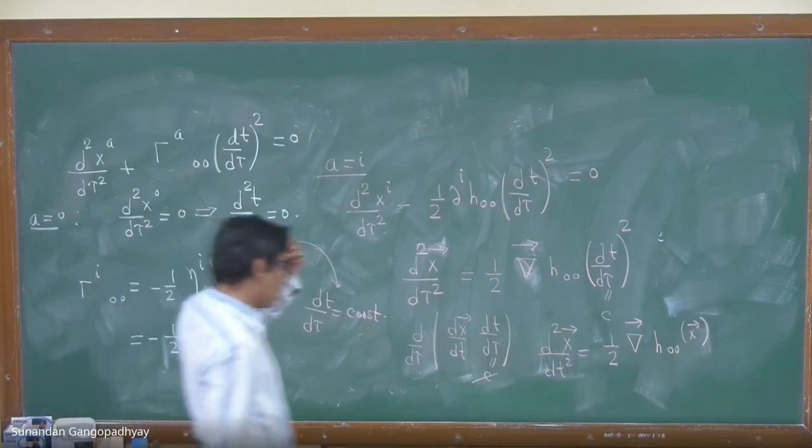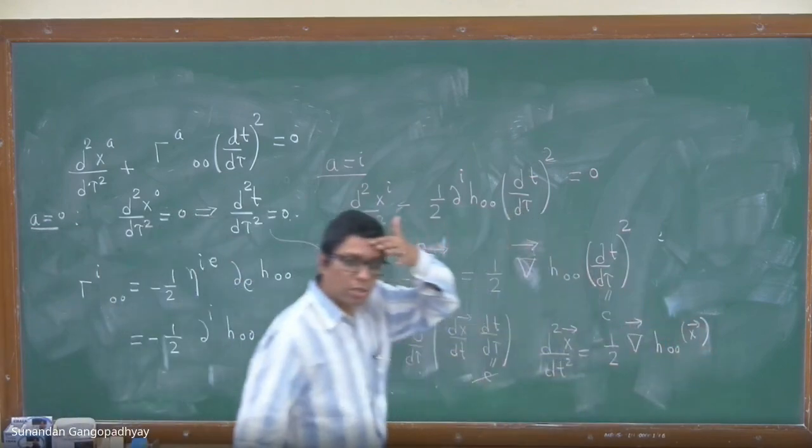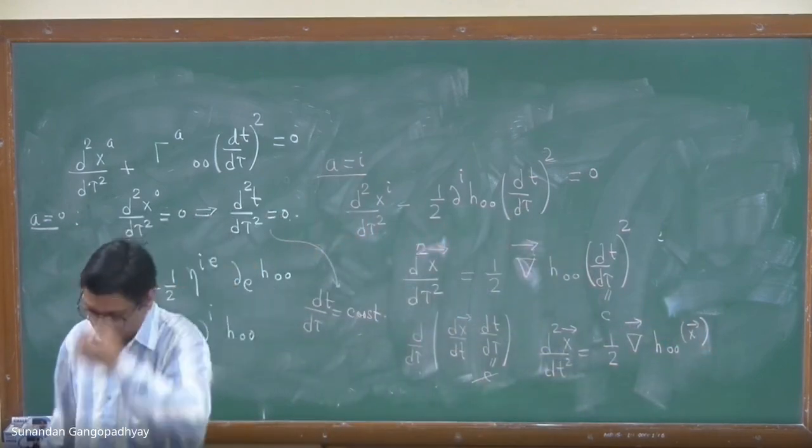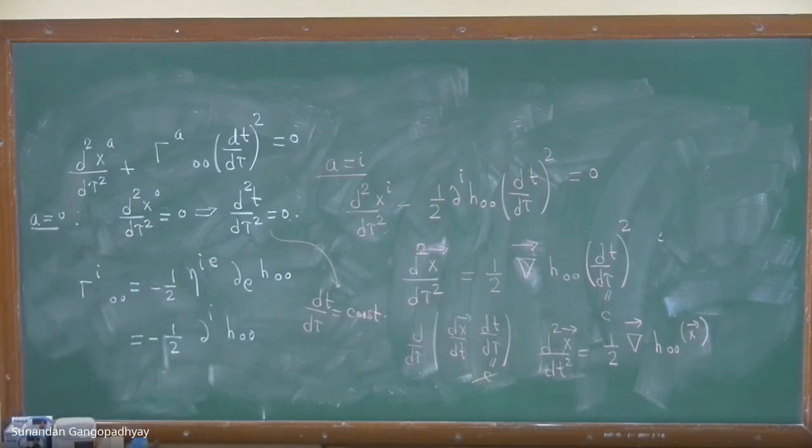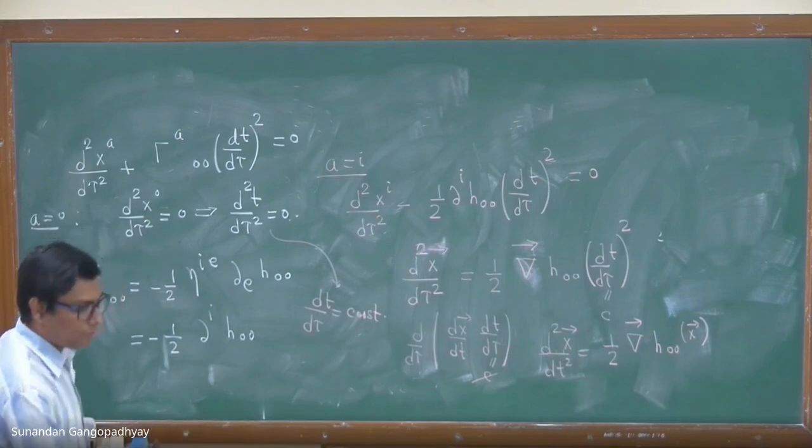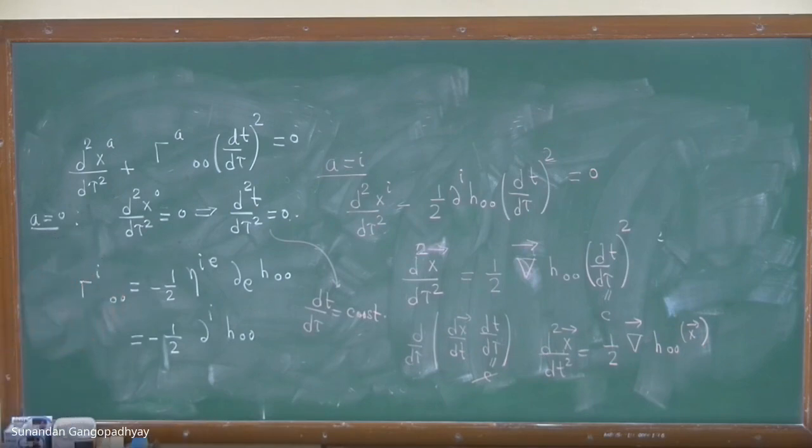So this is the equation of motion of the free particle moving in a gravitational field.